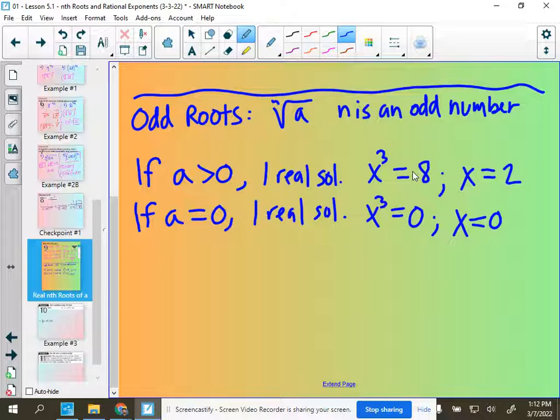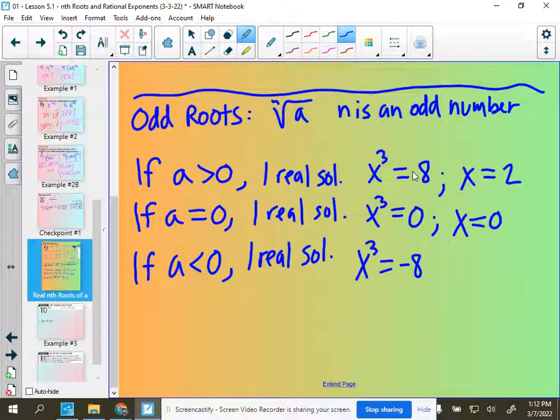The one that flips it is if a is a negative number, less than 0. You still are able to get one real solution. So a significant difference. Let's say we end up in a spot where it's x to the third power equals negative 8. If that was a square root, we'd say no, imaginary solutions, we're not doing that.